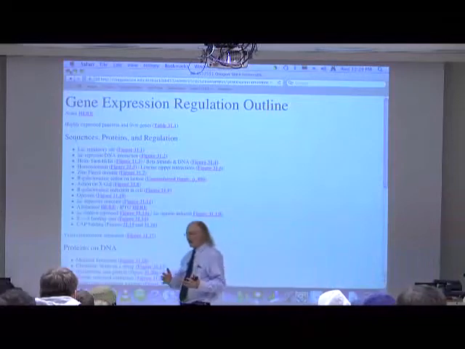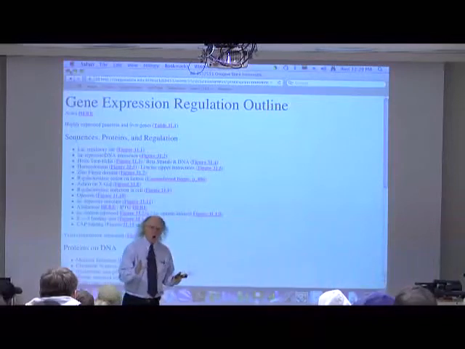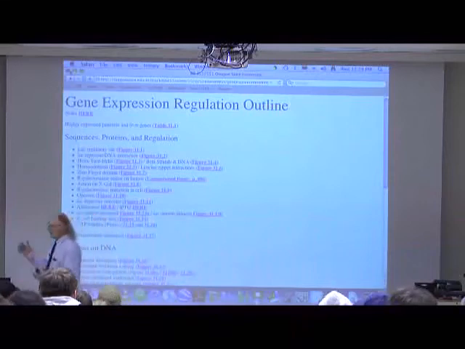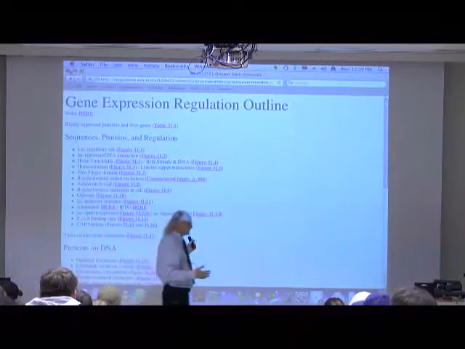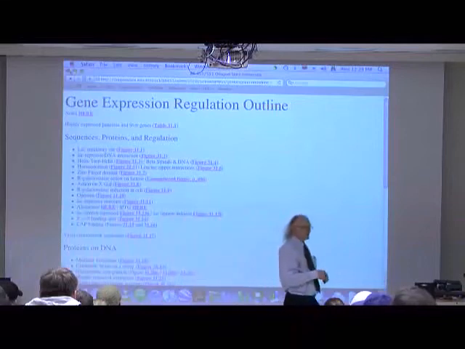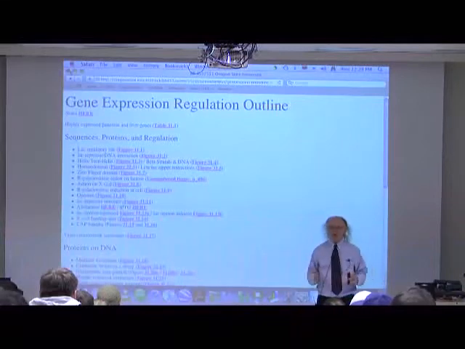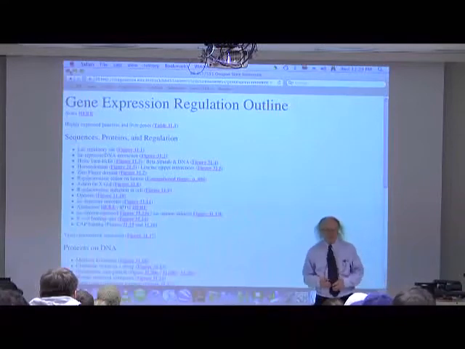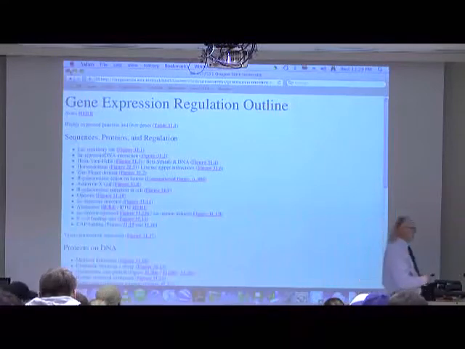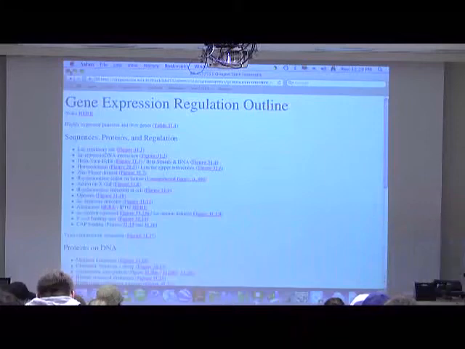So being on that edge, the cell is hopefully always properly responding to the signals that it's getting, to the needs that it has, to the signals it gets from the body, all kinds of different things. And these signals, with respect to gene expression, relate to, ultimately, how much functional protein is made. So gene expression relates to how much functional protein is made.